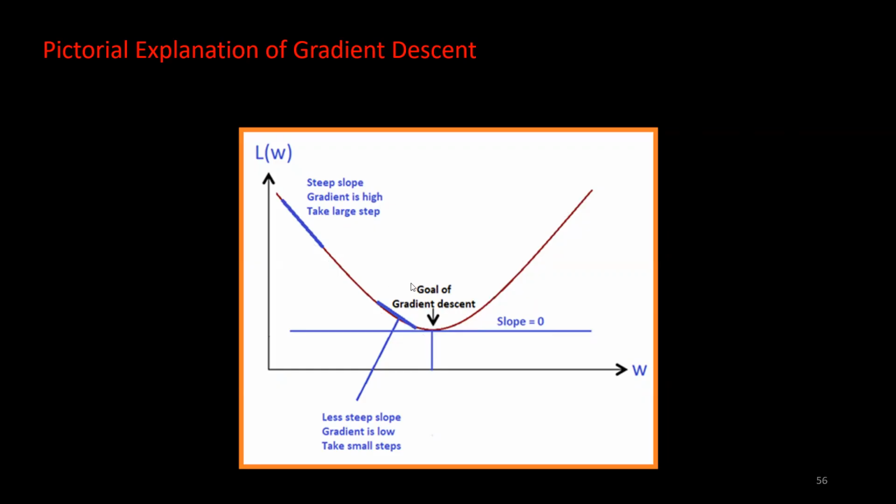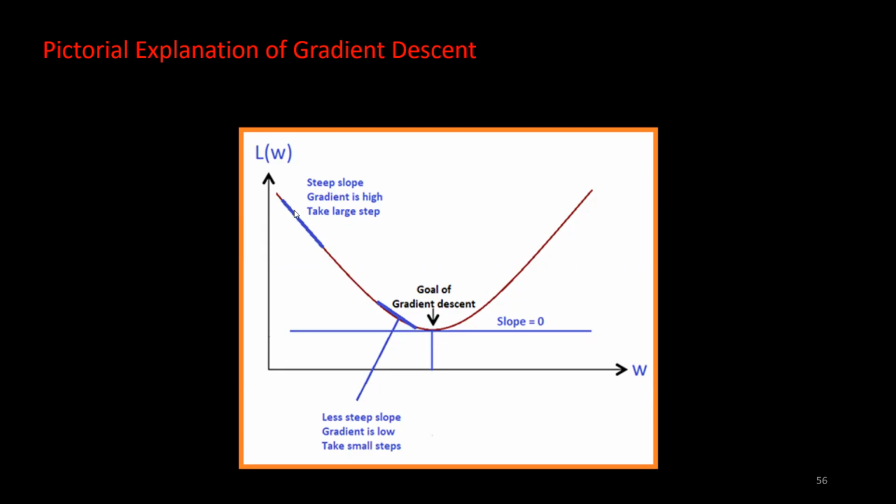So here we have a slope and here we have a slope, but this is the point where the slope is 0, and here we have to reach. At the point where the slope is 0, the value of error is also 0. So we will start from here and move slowly towards our target. This is the goal or the target of gradient descent.